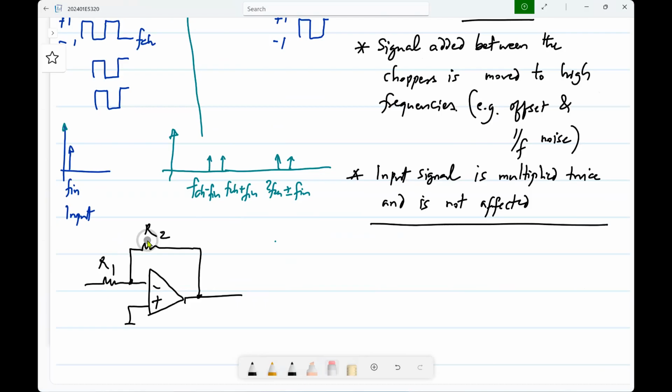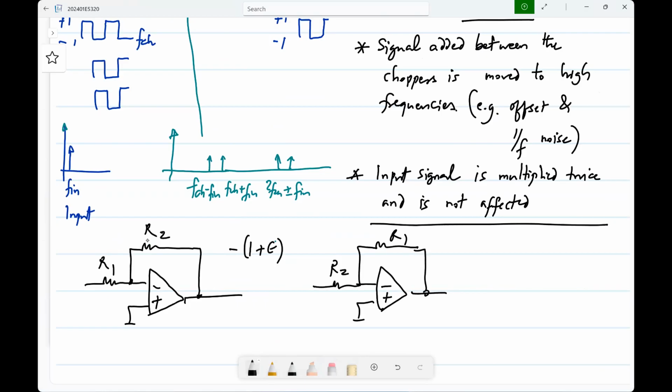Yeah. So if the configuration is like this, the gain would be, let's say, 1 plus epsilon. Okay. So now, if I put R2 here and R1 there, what will be the gain? 1 minus epsilon. Okay. So I can switch between these 2 configurations.